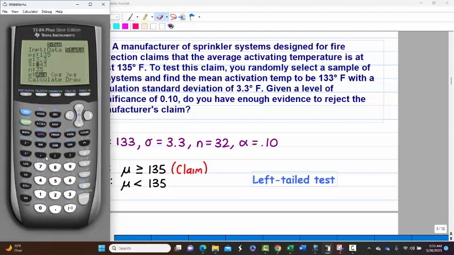Sample mean is 133. Sample size is 32. There it is. Now, watch carefully. I'm picking the middle one, the less than, because our Ha is less than. And once I do that correctly, hit calculate.